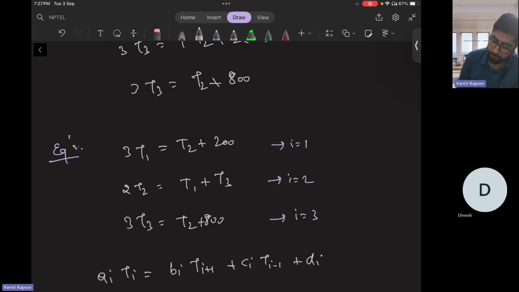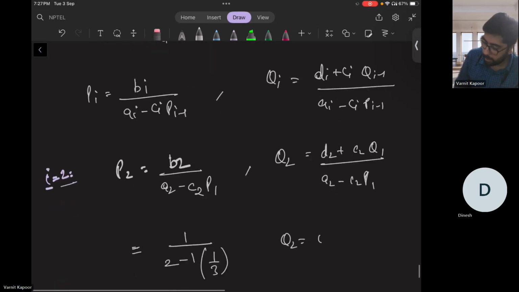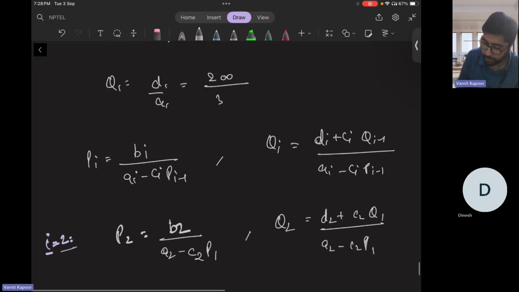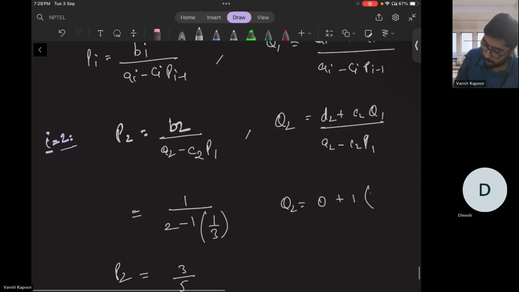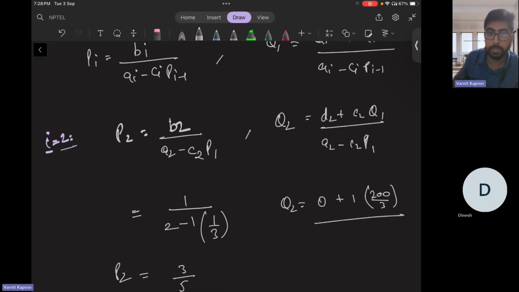There is no constant value, sorry, 0 plus C2 is 1 into Q1 you have calculated as 200 over 3, so 200 over 3. And how much is A2?